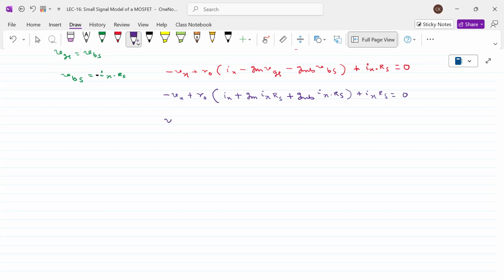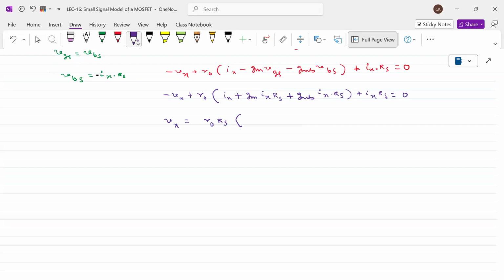If you keep Vx outside and R naught into Rs, if we keep it like this, what happened to this?